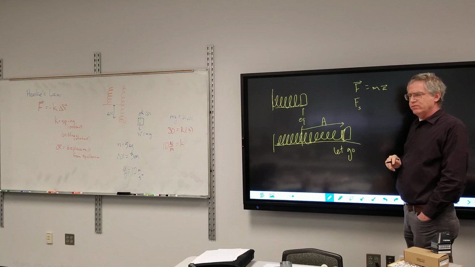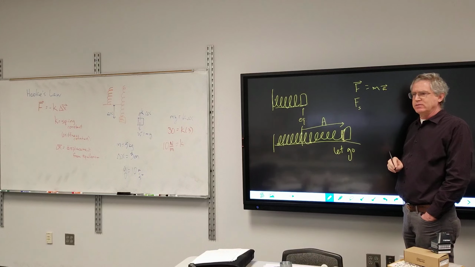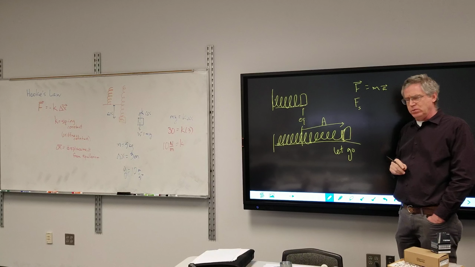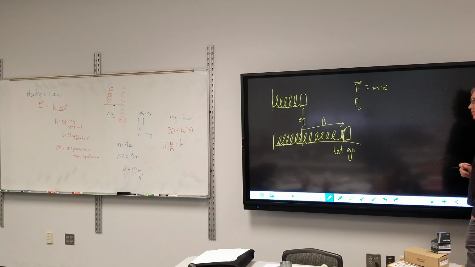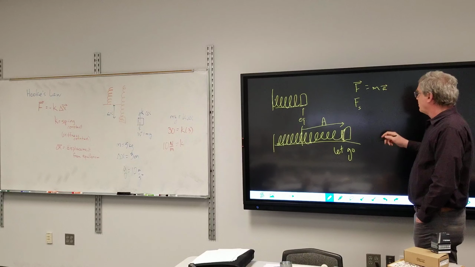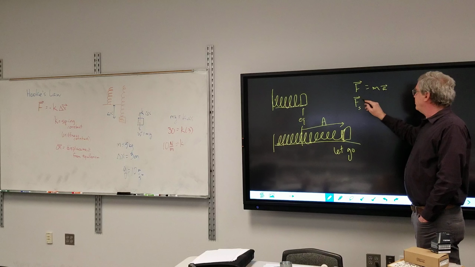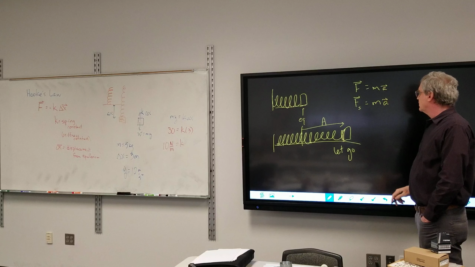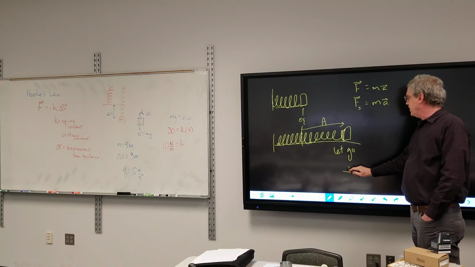Now I use an S for elastic because the subscript E I'm saving for 152 when I use it for electric. So I'm using S for elastic or for spring. I know that spring force is equal to mass times the acceleration of this object. Let's assume that to the right is positive.